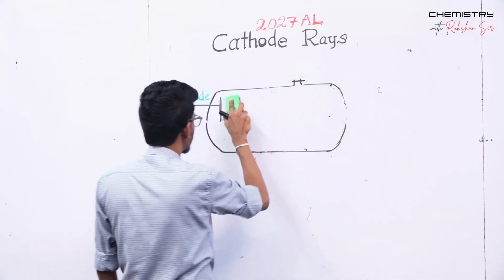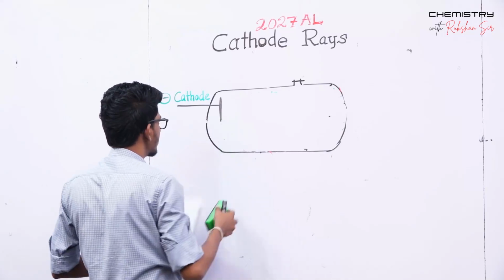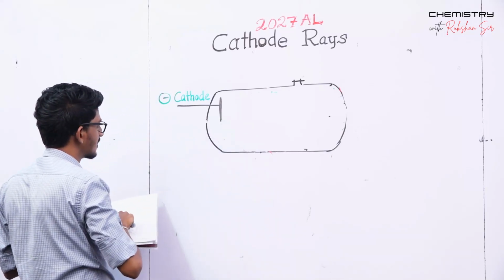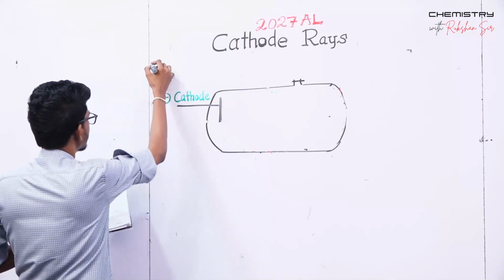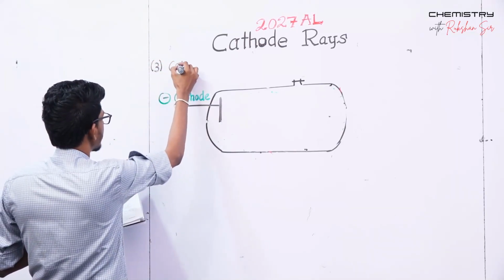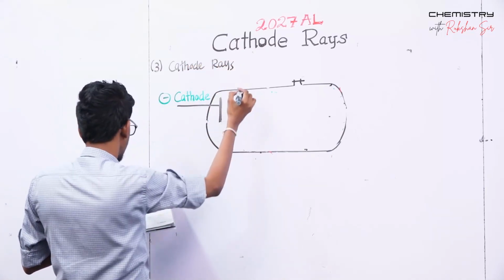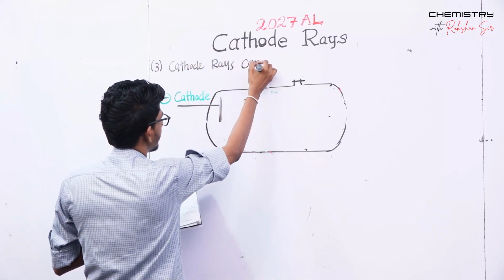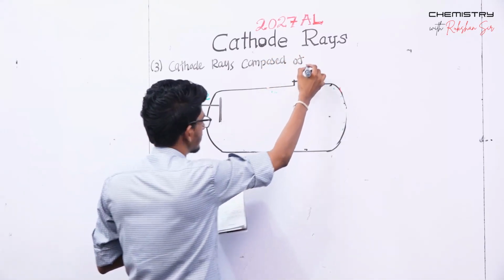Let's see what kind of setup we are supposed to produce to come up with that conclusion. Cathode rays are composed of negatively charged particles.